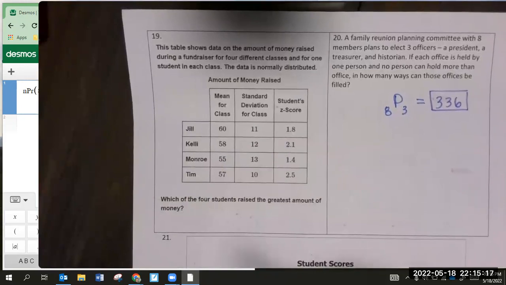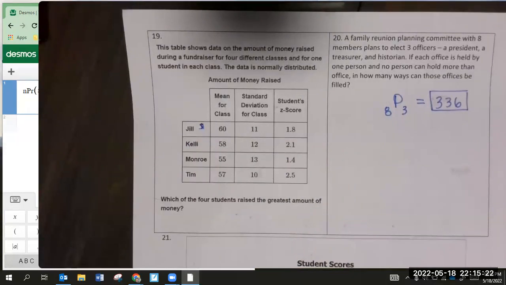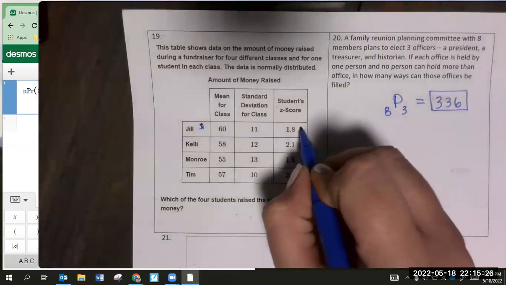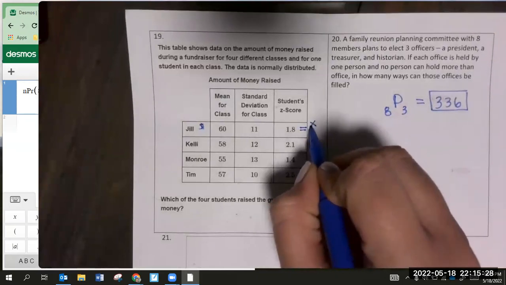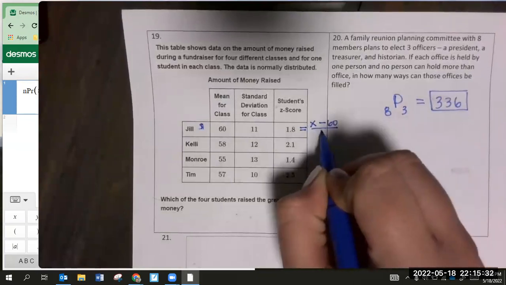What we're looking for is how much money did Jill actually raise? We don't have a dollar amount. But what we could do is take her z-score and say this is supposed to be whatever her dollar amount is minus the mean divided by her standard deviation.